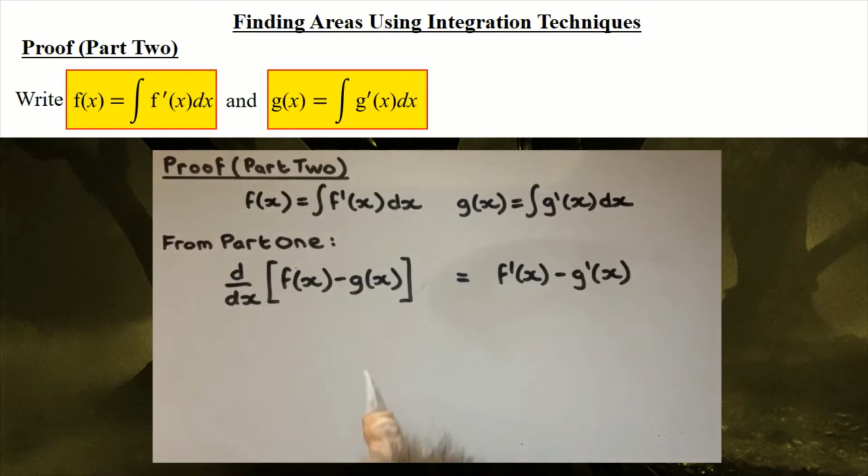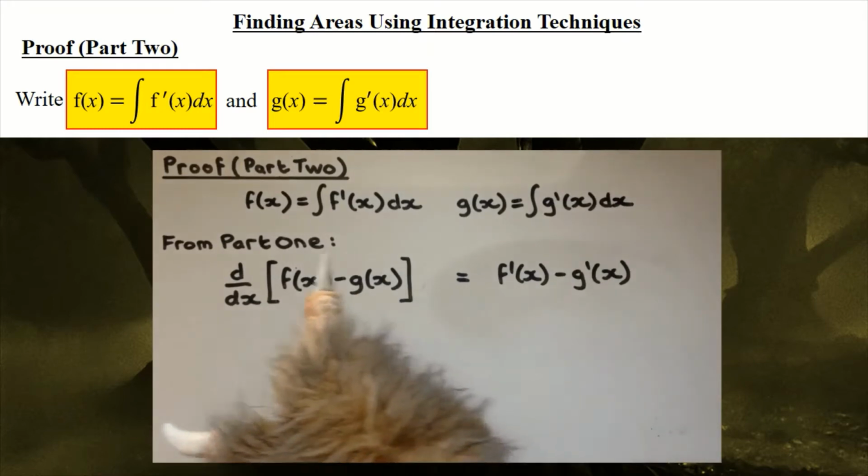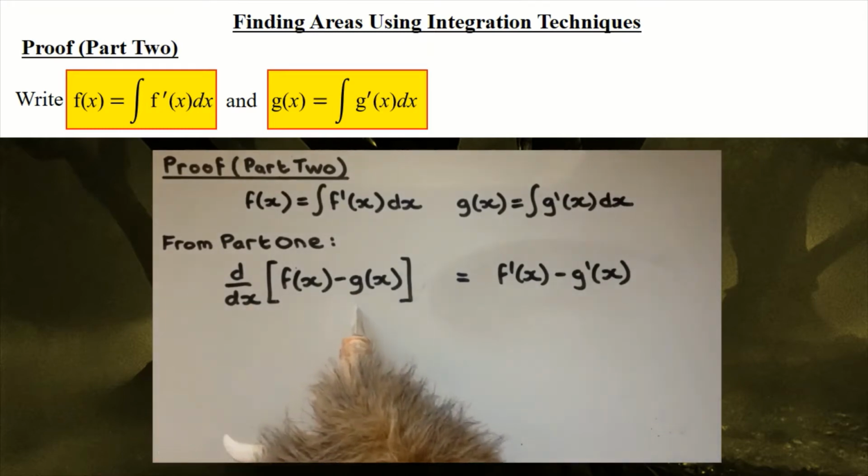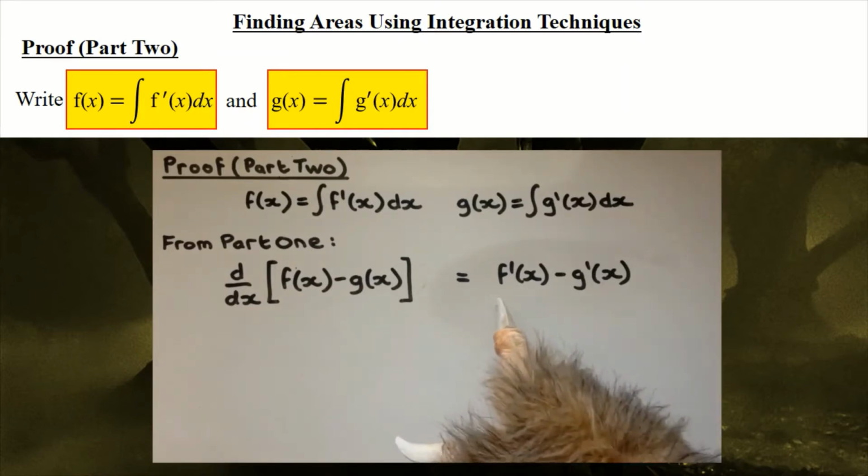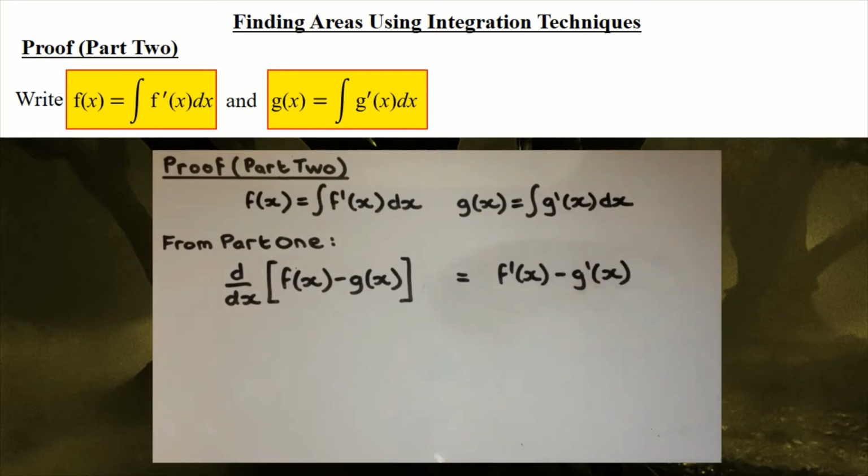And we also discovered when we differentiated f of x subtract g of x as a single function that we got the difference of the derivatives. What I'd like to do now is to integrate both sides of this equation, and hopefully we'll bring the antiderivatives into play. Let's do that now.